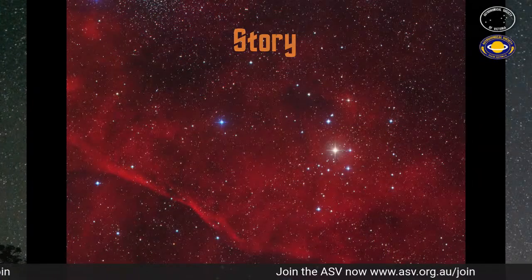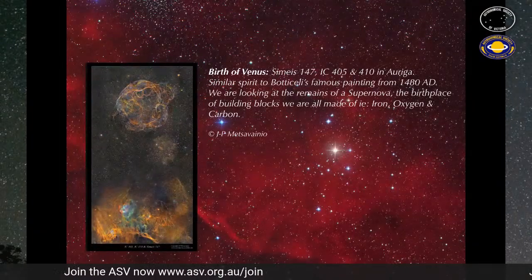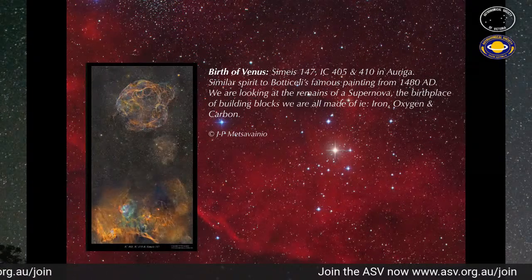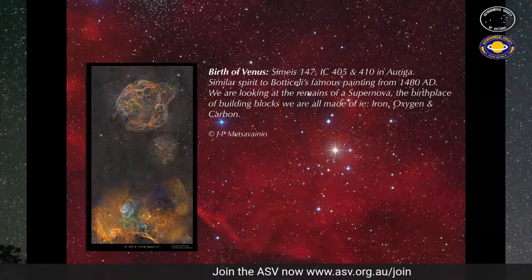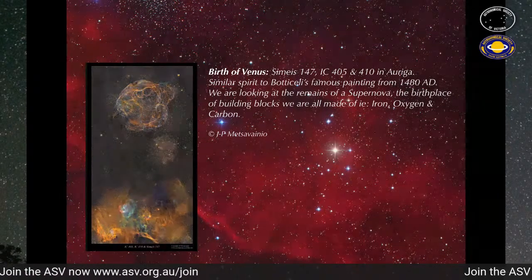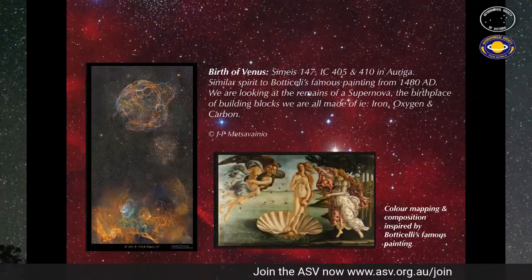There's a very well-known international astrophotographer from Finland called JP Metsävainio. And JP's had an exhibition recently of his work, and he's produced a book with, of all people, Brian May from Queen. But he's kind of gone down a similar path here with this homage to the birth of Venus.